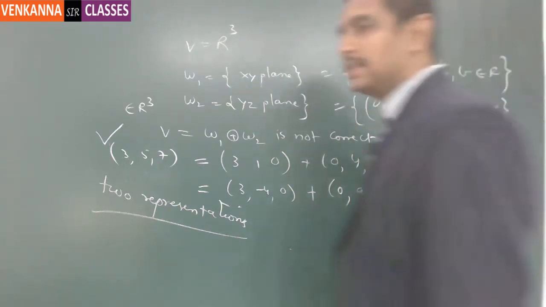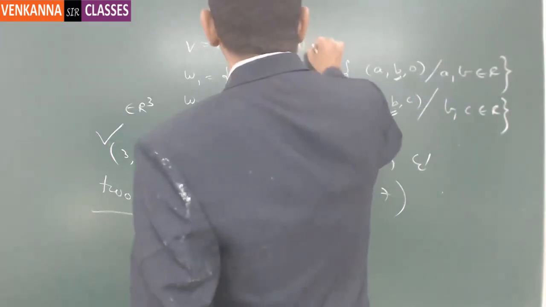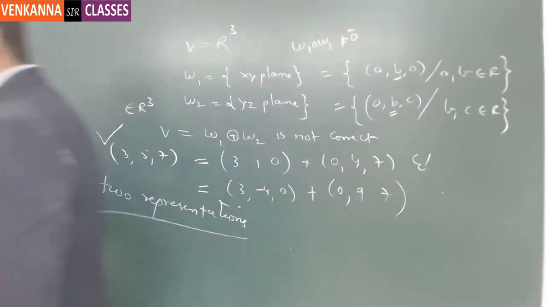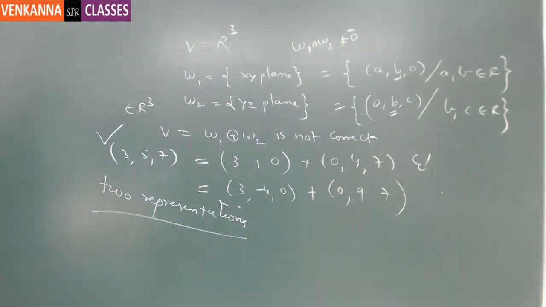As and when there is a common thing, the intersection is not equal to 0, because the intersection of the xy plane and the yz plane is nothing but the y axis. So whenever the intersection is non-zero, obviously it is not a direct sum. That we should keep in mind.